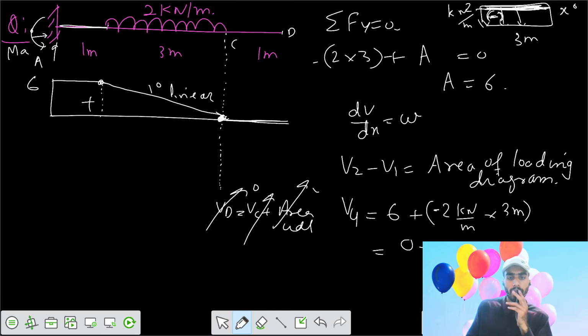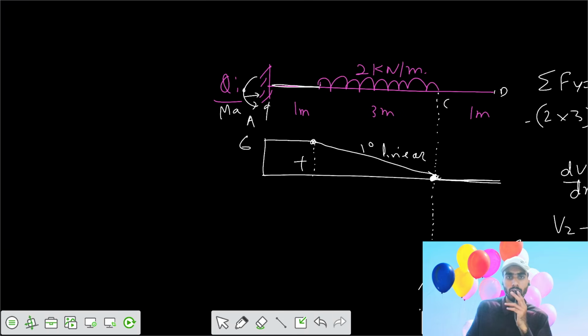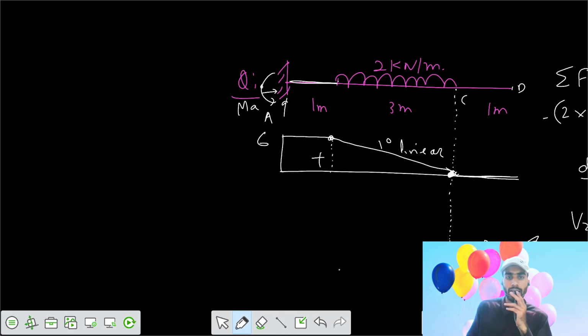Now if you want to make the bending moment diagram, for that you need to calculate the moment at A. We can write summation of moments about A equals 0. That means the bending moment at A, minus the reaction into 0, and the clockwise moment of 2 into 3.